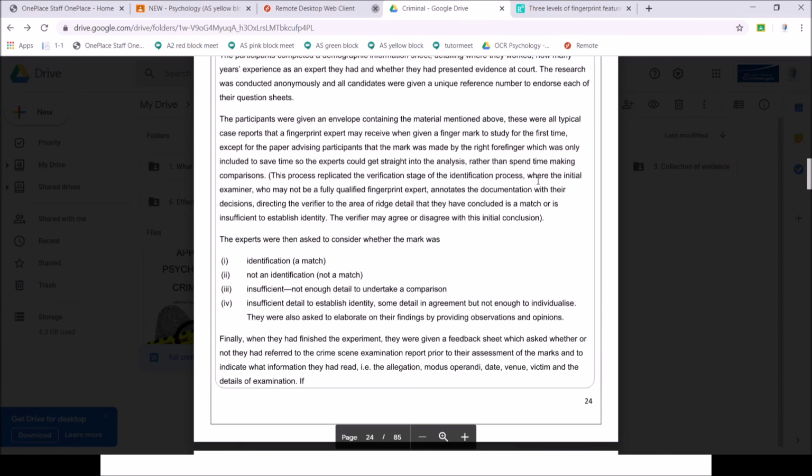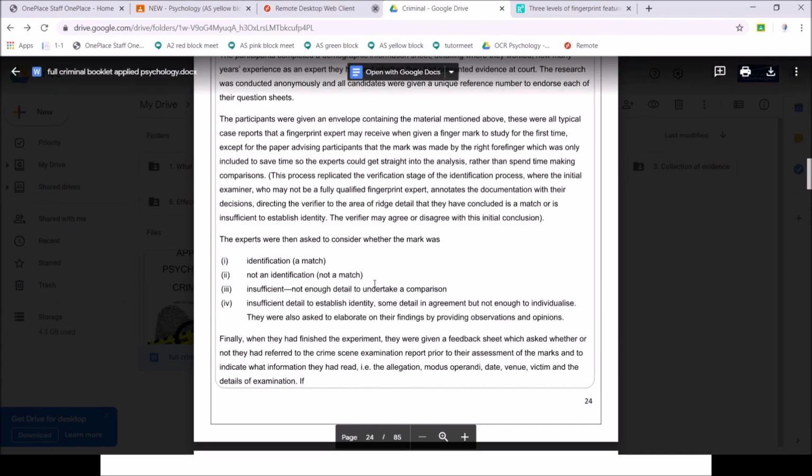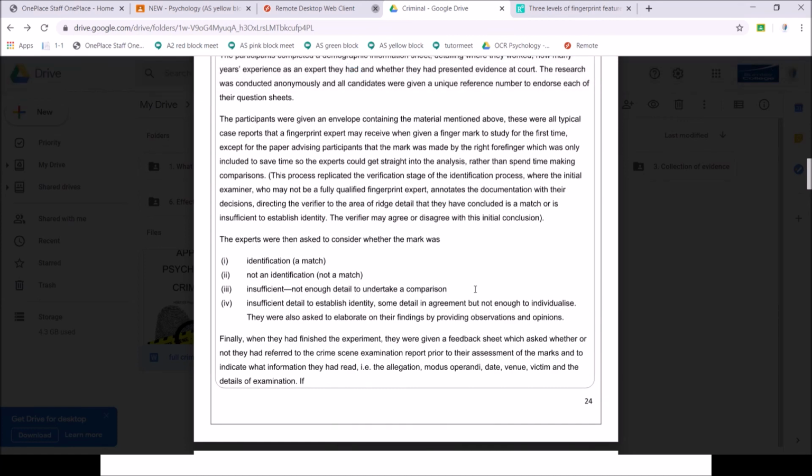So they were asked to consider whether the fingerprint on the note was a match with the sample of 10 fingerprints they were given, or not a match, whether they thought that the information was insufficient, so they thought that there was not enough detail to even try and compare, or whether they thought that there was some detail in agreement, so that there was insufficient detail to establish that it was definitely the person, but there were some details to suggest that it could be that person.